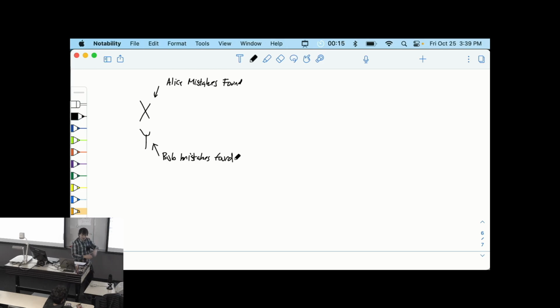And these things, there's n typos in total that they could find. So this is going to be a sum of n indicator functions. I'm going to call this a1 plus a2 plus dot dot dot plus an. Let's say ak is the event.